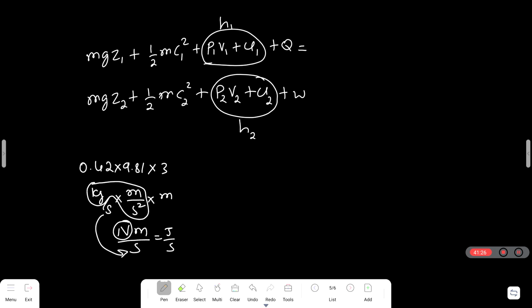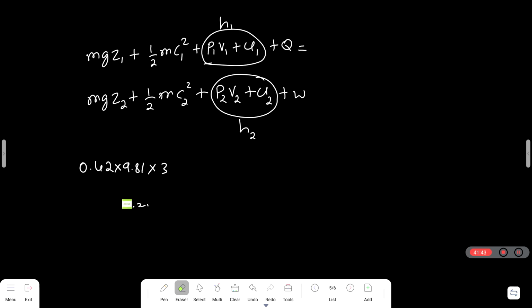Next, half of 0.42 into C1 square, where initial velocity is 34 meter per second.